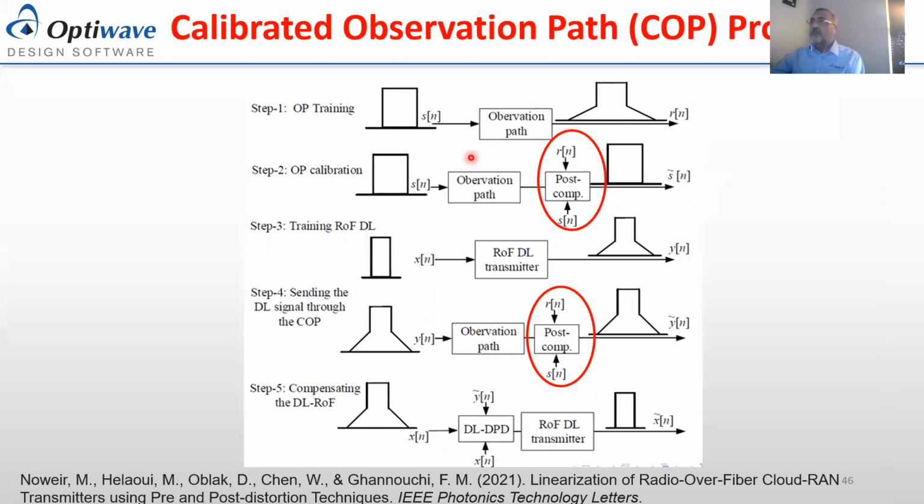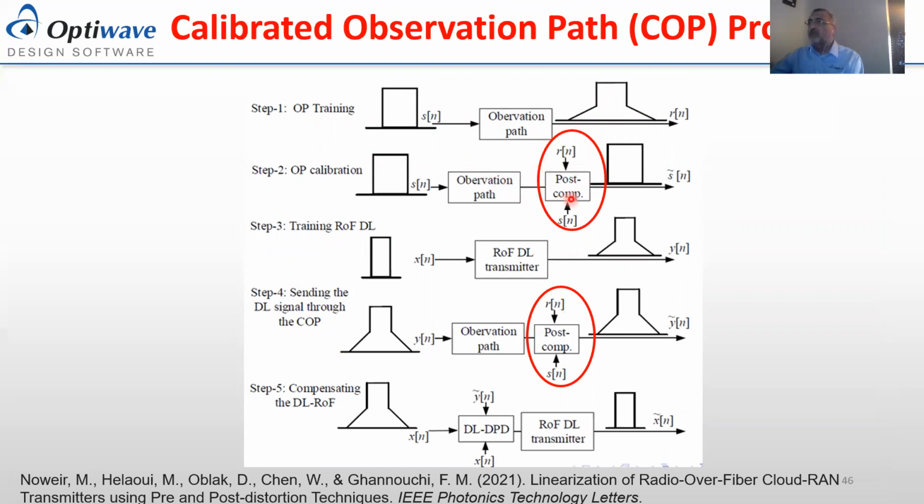Now, in the process of calibration, you have the observation path training process. You send a signal, and then using the observation path, this signal of around 200 megahertz is used for feedback, and this is the distortion.